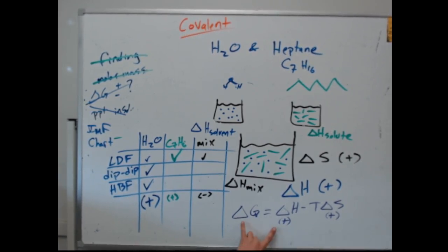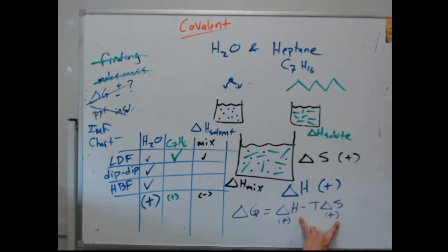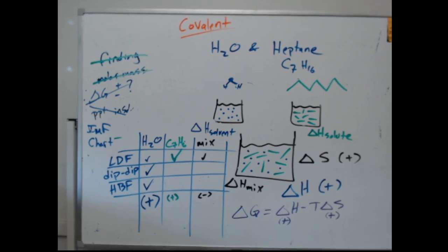At big temperature, delta G is generally going to be positive, but if the temperature is really big, this negative T delta S term could become more important. So really it should be temperature dependent. However, we all did the experiment yesterday. We saw water and heptane don't mix. So we know this delta G is going to be positive. And I'll put a little note.